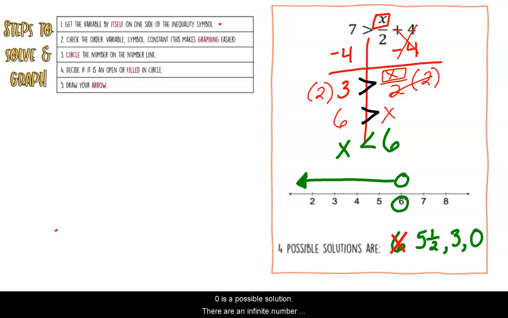There are an infinite number of solutions because there are an infinite number of numbers that are less than 6. Okay, now we've learned not only how to graph, but also how to solve two-step inequalities.